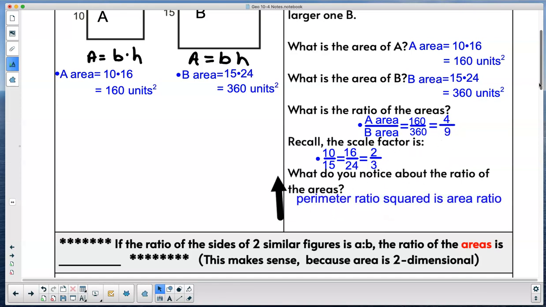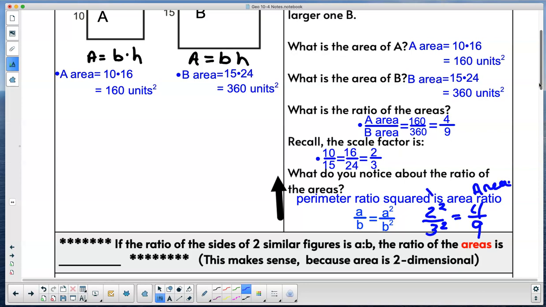And I hope you see that. The perimeter ratio squared is our area ratio. So that's what we've got going on. Our perimeter ratio, 2 squared to 3 squared, is equal to our area ratio. And this is our area ratio, and this is our perimeter ratio.